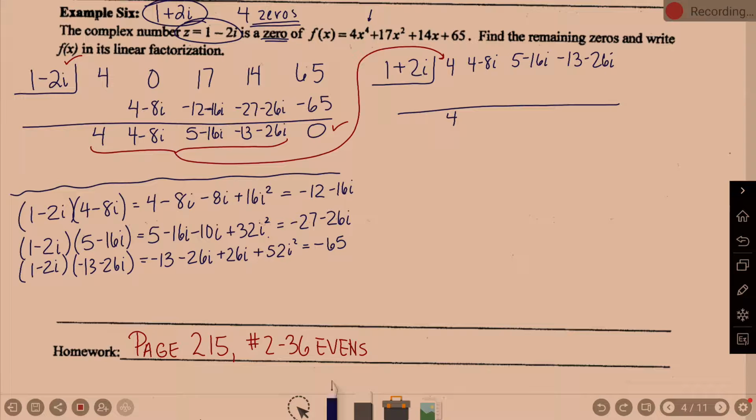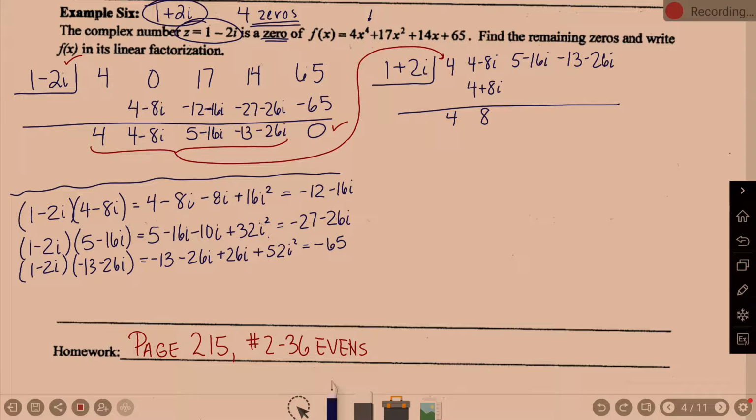What is 4 times 1 plus 2i? Distribute again, and it's 4 times 1 is 4, 4 times 2i is 8i, so 4 plus 8i. Four plus 4 is 8, but minus 8i plus 8i cancel, which is what makes this second part of the problem much better. The first one was rough, this one's much better.